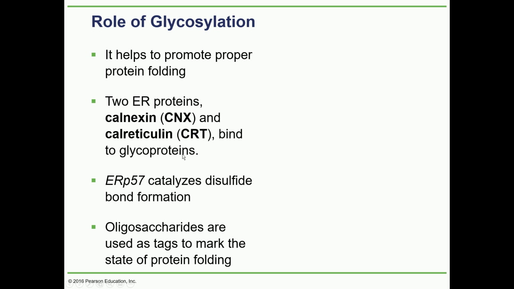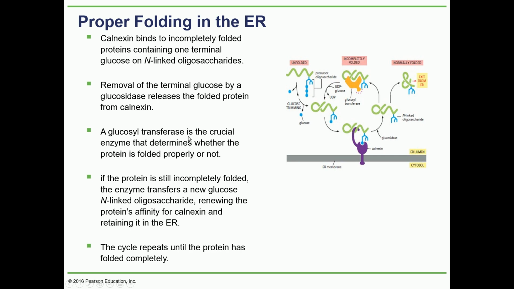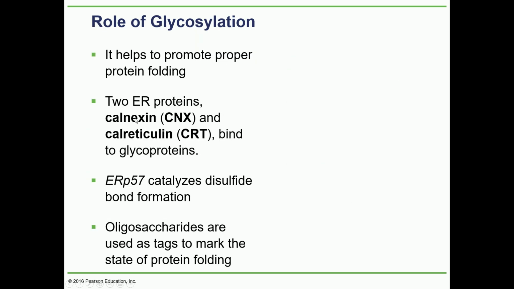And then there is another protein called ERP57. It catalyzes the disulfide bond formation, so it also helps in the folding of the protein. Here it shows how calnexin and calreticulin bind to the glycoproteins and help in the proper folding of the proteins.